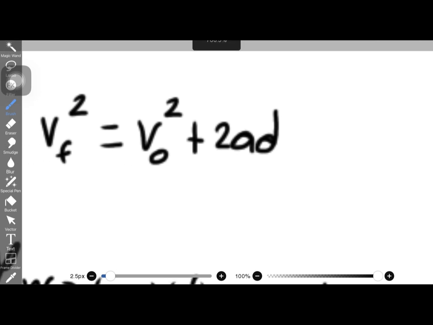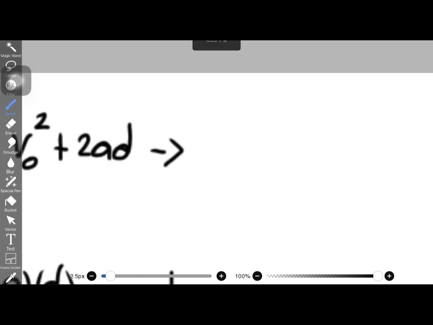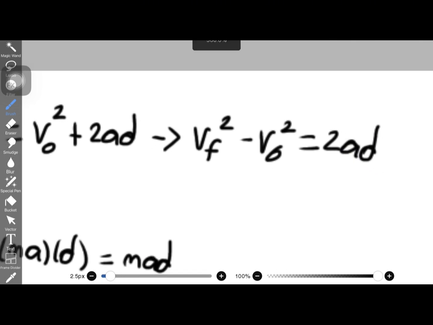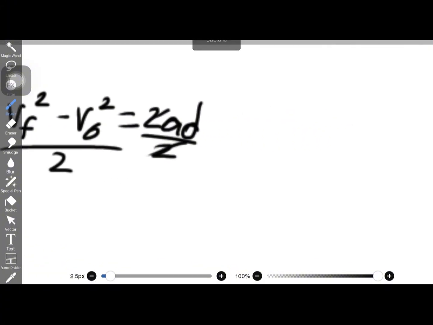Subtract v_o squared from both sides of the equation. So now we have this. Divide both sides of the equation by 2, and we get an expression for ad.